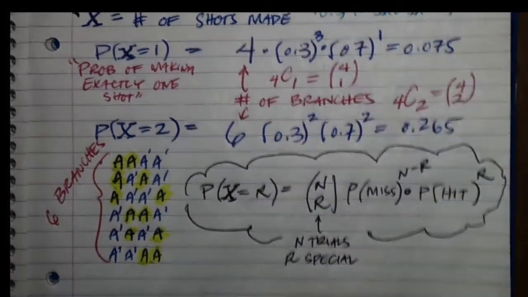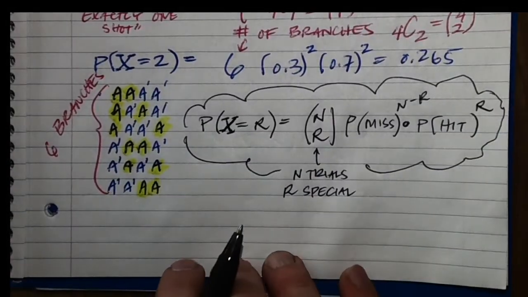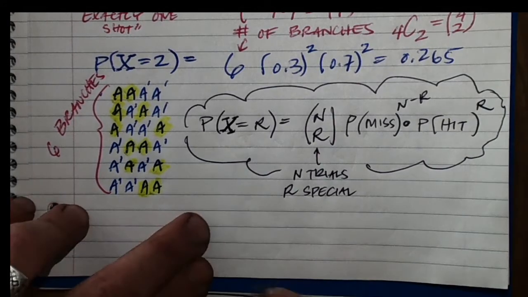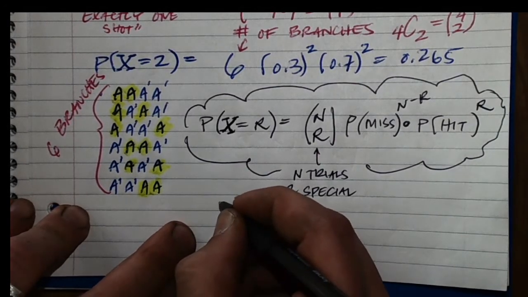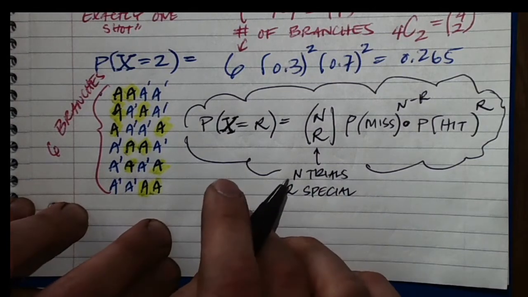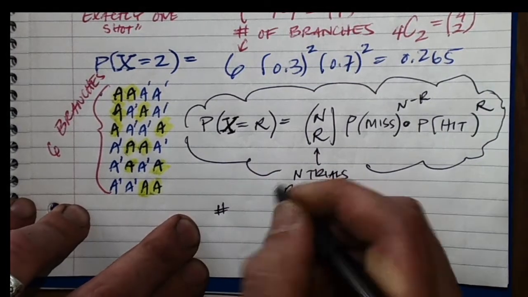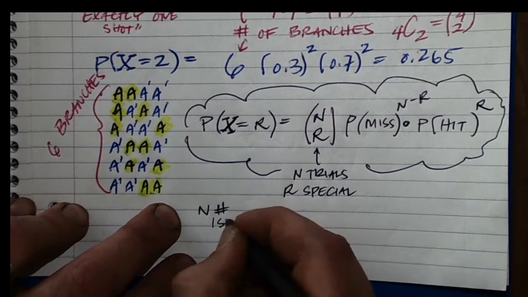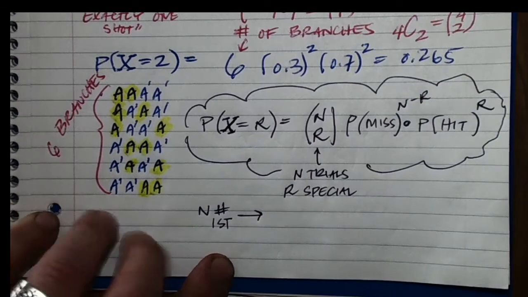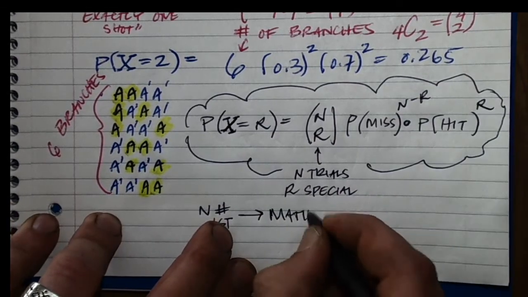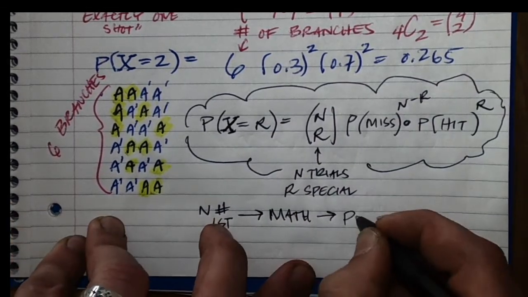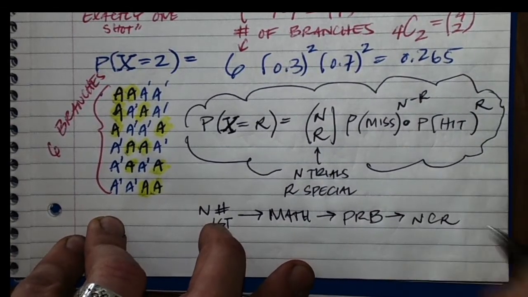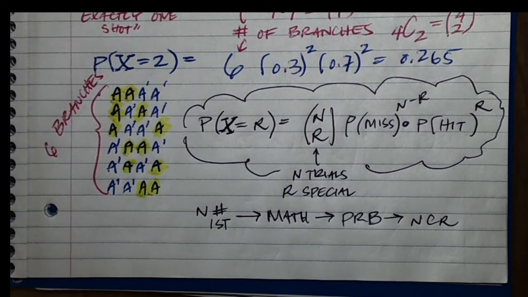And then since I know it's been a while since you did this on a calculator, let's also write down here how you get this symbol again. I always forget, you're supposed to put your N number first, and then you go get the symbol, which is under math, probability, PRB, and then it's the nCr option.